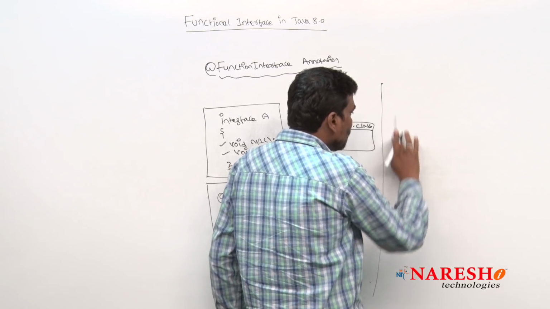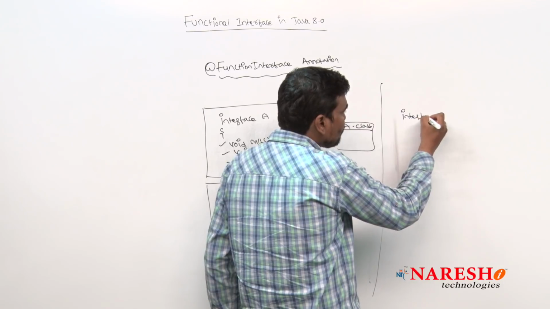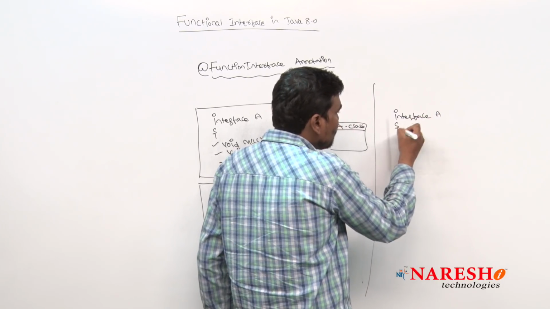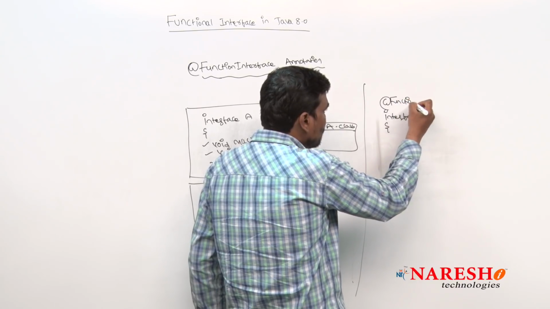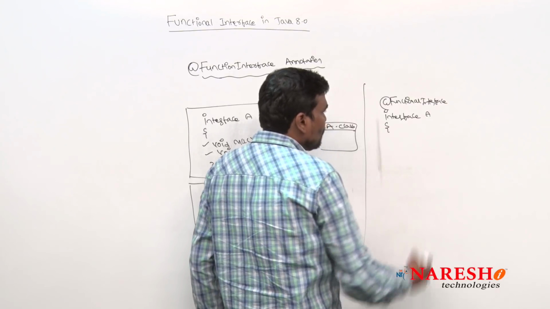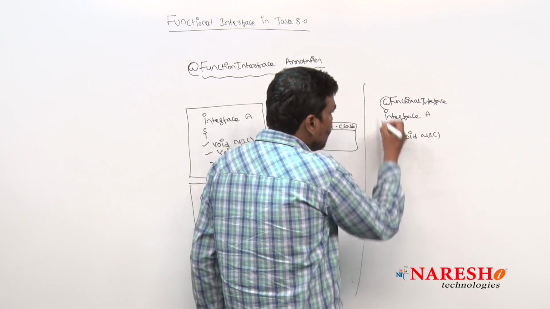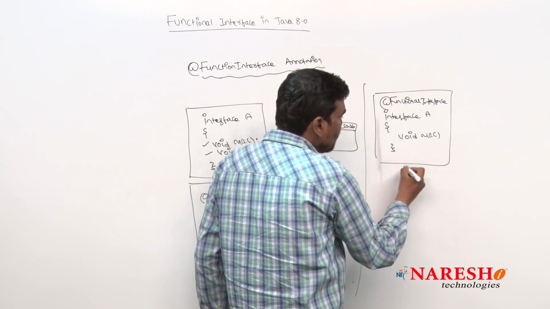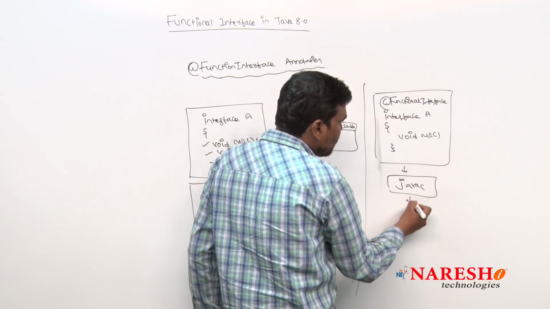Suppose I am writing one interface like this. Assume interface A, annotated with @FunctionalInterface, and then I am saying void m1. Now if I compile this using javac, it is compiled fine.